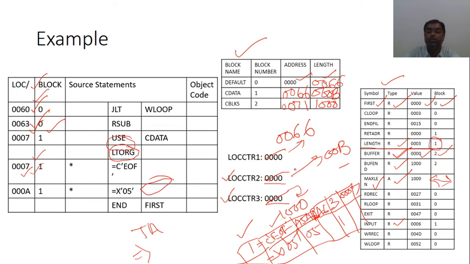So when we want to calculate the address corresponding to LENGTH, we will calculate like this. The block 1 starting address, that is 0066, plus the address of LENGTH in that block, that is 0003. So the target address corresponding to LENGTH will be 0069. That is the requirement to maintain the block number in the symbol table.